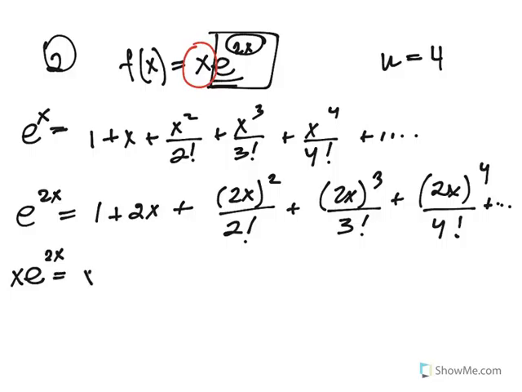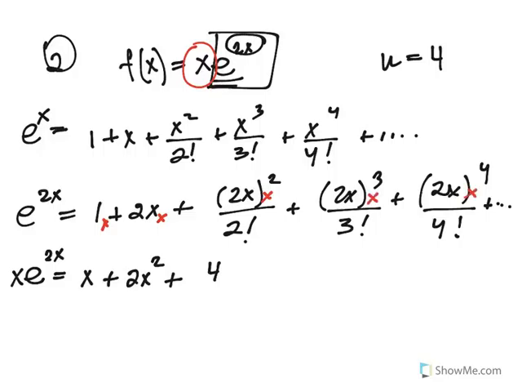So 1 times x is x. 2x times x is 2x squared. Then here you get 4x squared, but you're multiplying by x. So basically I'm multiplying by x, each one.